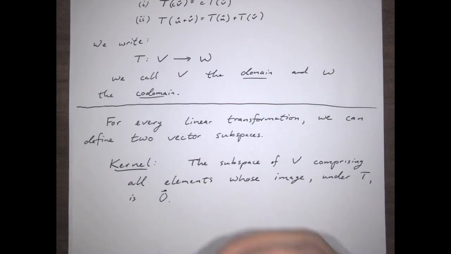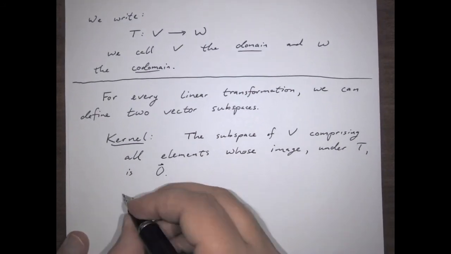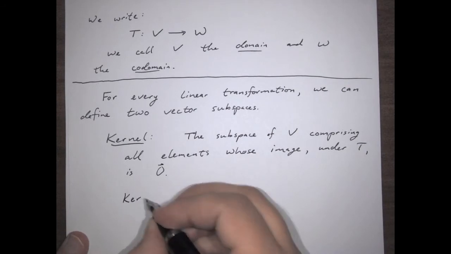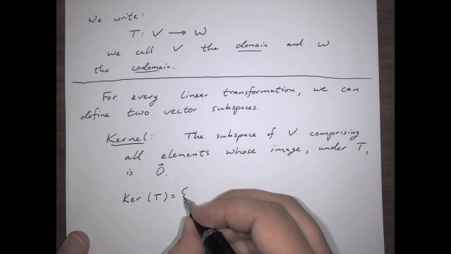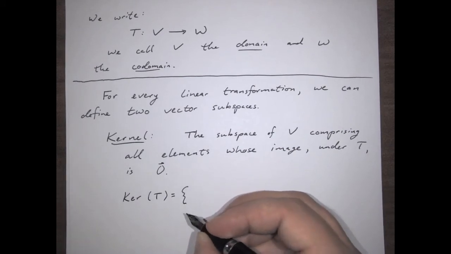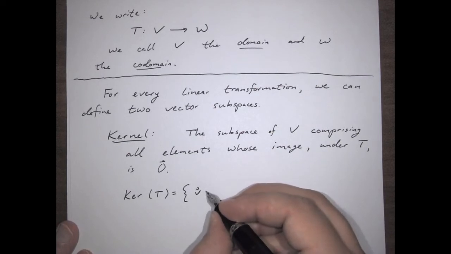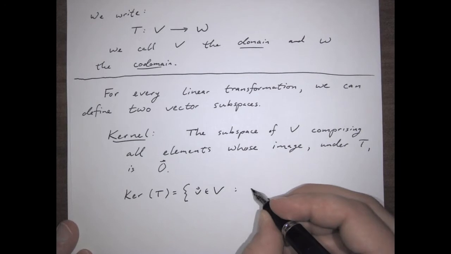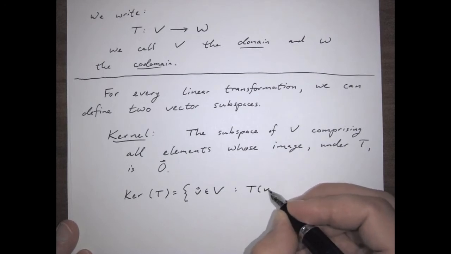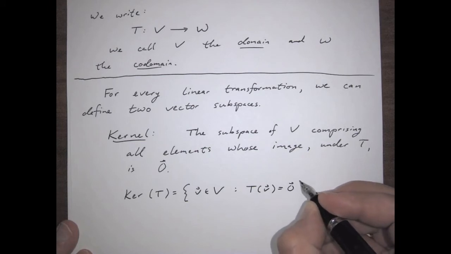It's the 0 vector of W. And in particular, if we wanted to write this, we could say KER of T is equal to the set of all v in V such that T of v equals 0, is what this means.